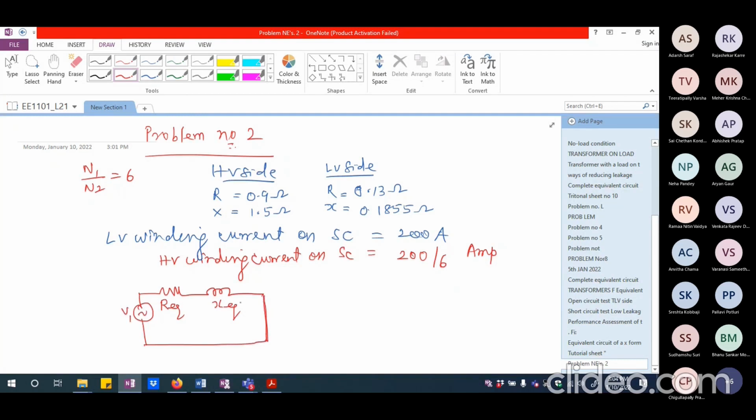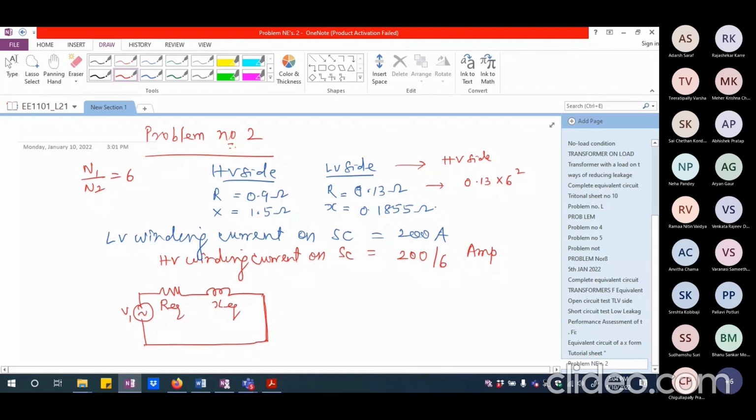So I have to calculate what is R equivalent and X equivalent from the high voltage side, which means let me translate this into high voltage side first. That means this has to be 0.13 multiplied by 6 square, right? If I want to transfer it to the high voltage side, it will be N1 by N2 whole square.